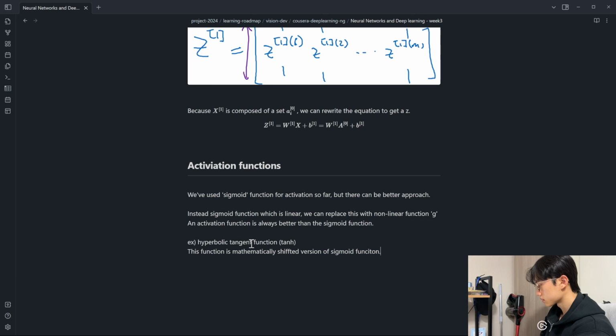because with values between +1 and -1, the mean of the activations that come out of your hidden layer is closer to having zero mean.